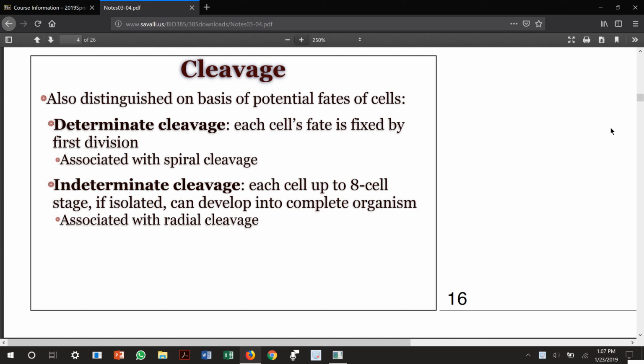So that first cell division divides into right and left halves, and the left half of that cell will only develop into the left half of the organism, whether anterior or dorsal or ventral or whatever it turns out to be, while the other half becomes the other half of the organism. In indeterminate cleavage, which is almost always associated with, there may be exceptions, but generally associated with radial cleavage, up to the 8-cell stage, each cell has the potential to develop into a full organism.